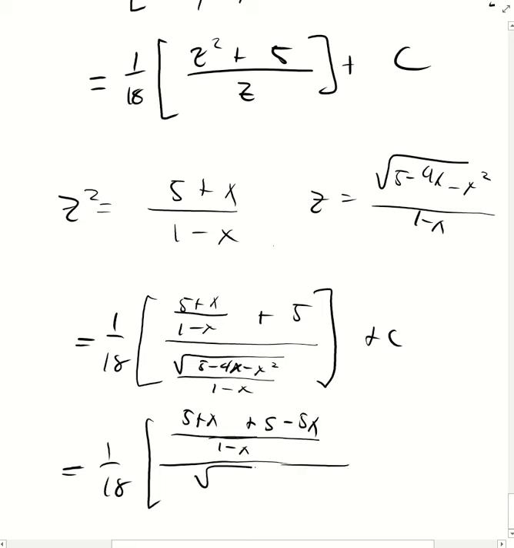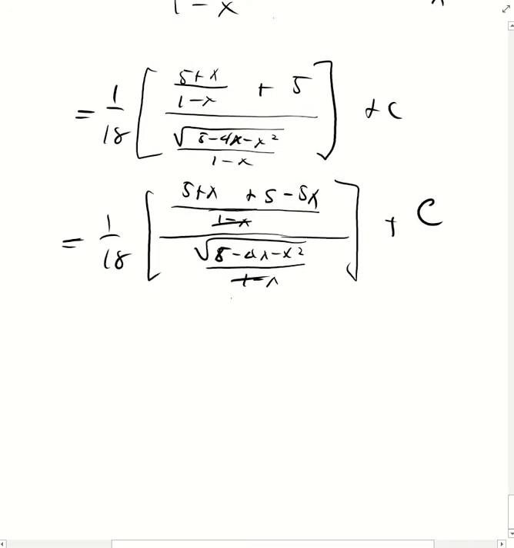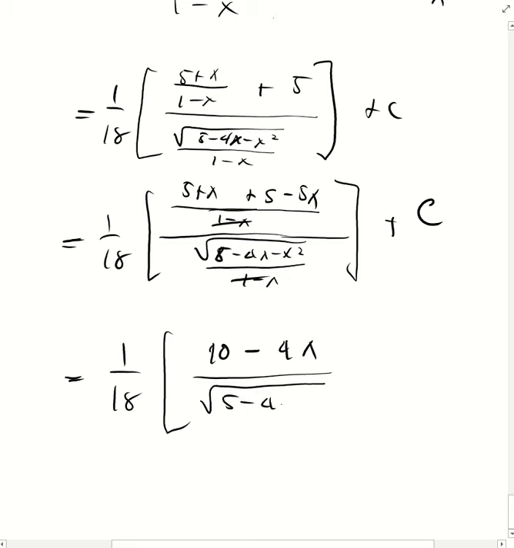And then just copy the denominator, so that we can cancel out that 1 minus x. Then that will be the remaining at the numerator, 5 plus 5, 10, then x minus 5x is negative 4x, so this will be 1 over 18 times 10 minus 4x all over the square root of 5 minus 4x minus x squared plus c.